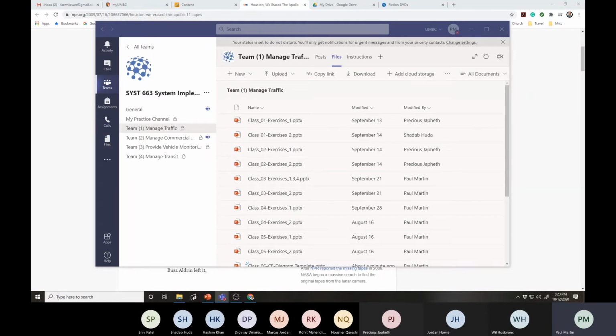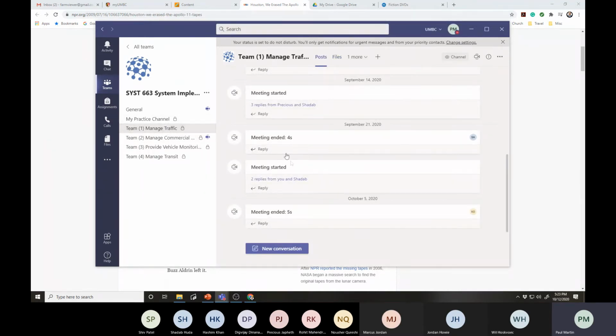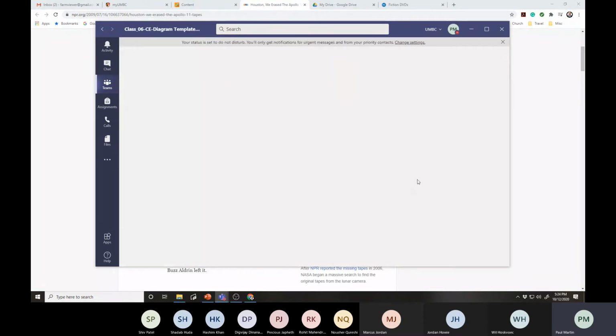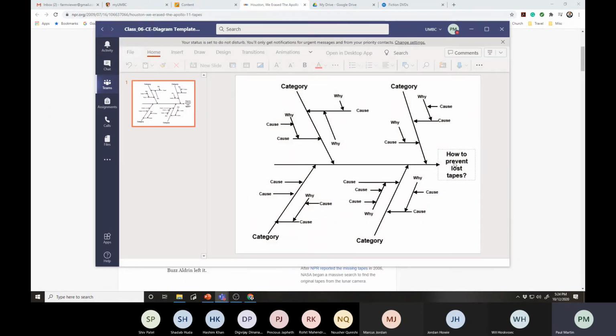Could you just repeat the effect that we were going for? Yes. Actually, if you're team 1, you're all set. But I'm team 4. No problem. Actually, I might be able to type that in for you. So let me type in this effect for everybody. It's how to prevent.